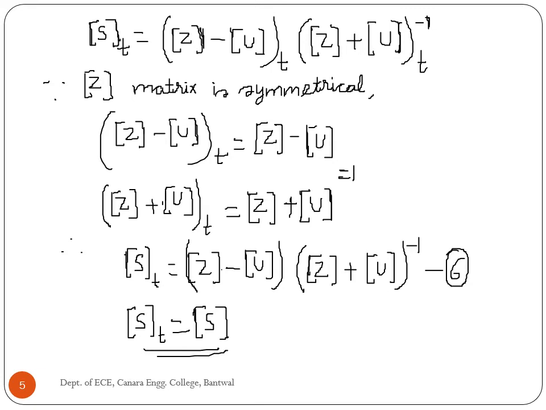That is in the fifth equation in the previous slide. So it is proved that the transpose of S is equal to matrix S for a symmetrical junction.